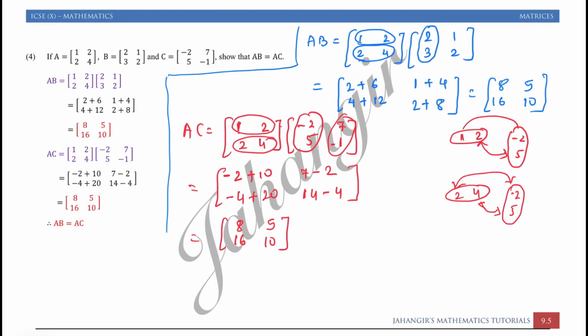So from 1 and 2, we can say AB is equal to AC. Hope this part is clear, and as we are going ahead, your multiplication should be proper.